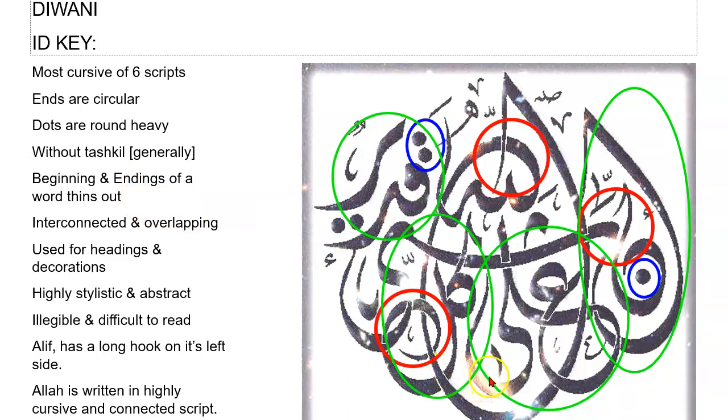Something similar to sulus, but a little bit more. So look at this. Look at the ha. Interconnected and overlapping, that's definitely a feature. Sulus, you see that, but it doesn't go into that much details. Sometimes it gets very confusing.